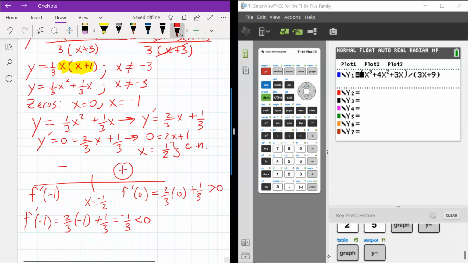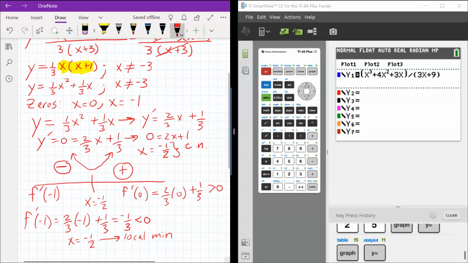So I know the derivative over here is negative. So it's decreasing, decreasing, decreasing. At x equals -1/2, it's now 0, and then increasing, increasing, increasing. And so we can easily see that -1/2 will result in a local minimum. So x equals -1/2 will give me a local min.